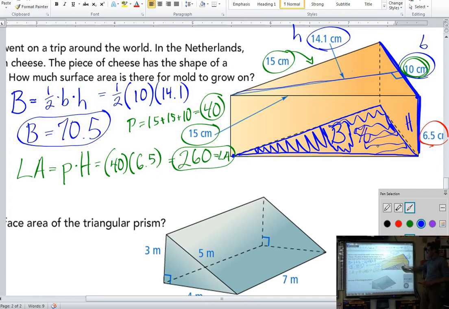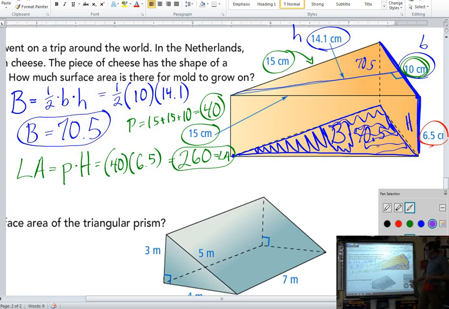That is 70.5. So I have that one. Then I have these three, which make 260. Then I still have this guy. This one was 70.5. These were 260. What will this be? Another 70.5, because it's the clone of the bottom.